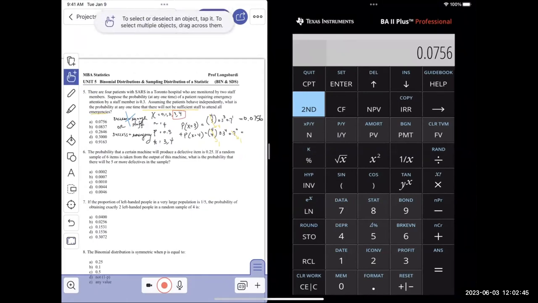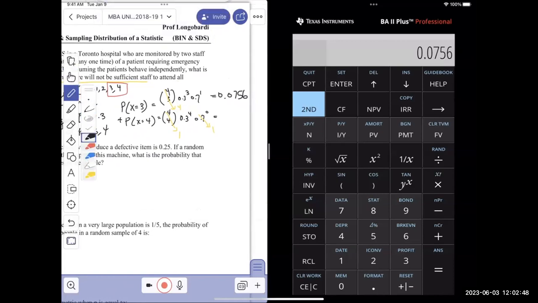And store 1. And then the other one is 0.3 to the power 4 times 1. And store 2, and then recall 1 plus recall 2 gives me my answer. Recall 2 is 0.0081, and you sum them.